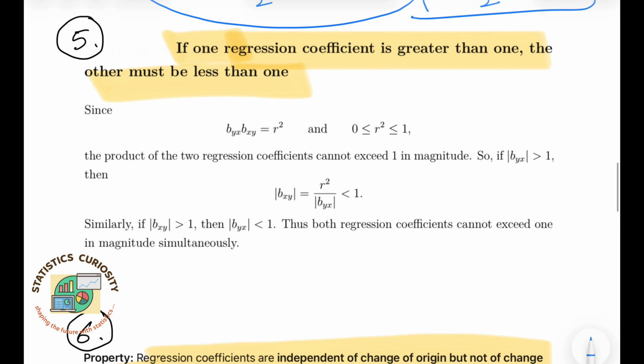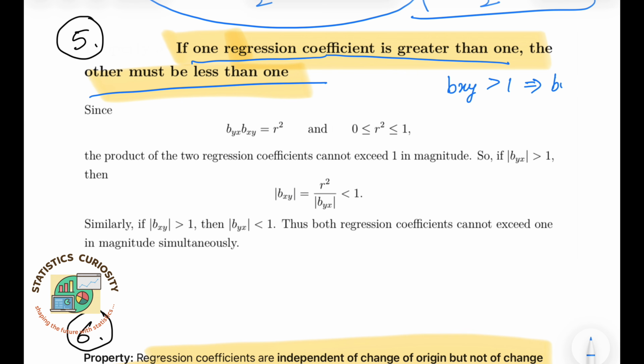Now let's see property 5. Property 5 is saying that if one regression coefficient is greater than 1, the other must be less than 1. What is it saying? If one regression coefficient, let's say bxy, is greater than 1, then the other must be less than 1. If byx is greater than 1, then bxy must be less than 1.